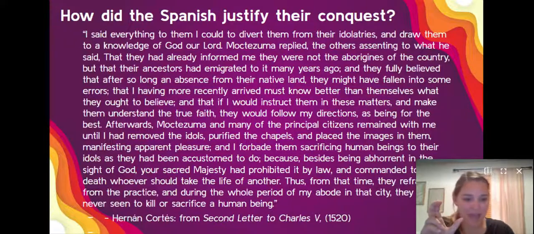So, this first half is really saying that Cortés is giving the people what they want, that the Aztec are asking for religious guidance.